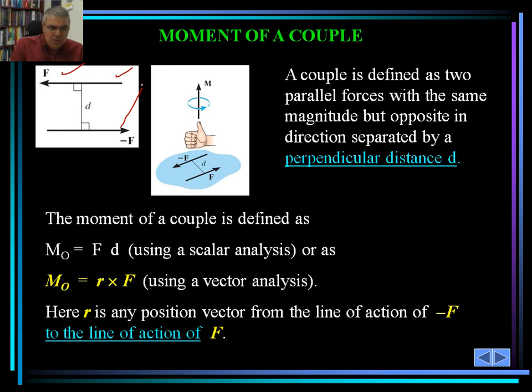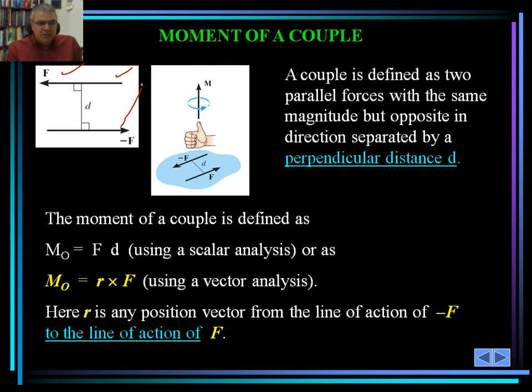We try to have a much better understanding of what a moment would be due to a couple. But remember that with these couples, there are two forces acting in the opposite direction, but they are separated by a perpendicular distance, d. So the moment of a couple is defined as simply F times d.